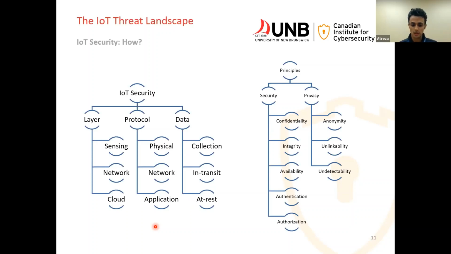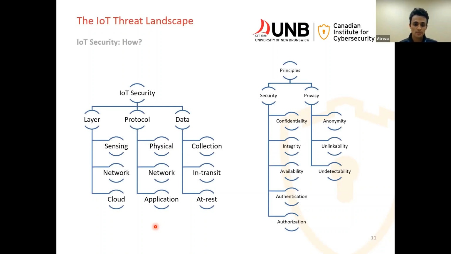We can name cellular protocols such as 4G, 5G, 6G, and up to long range LoRaWAN, Sigfox. All of these protocols need to be secured. And there are also some major application layer protocols such as MQTT and CoAP. So the security of all these protocols is really important.